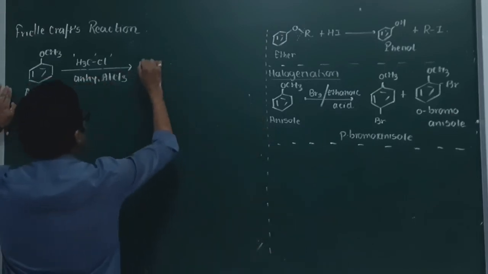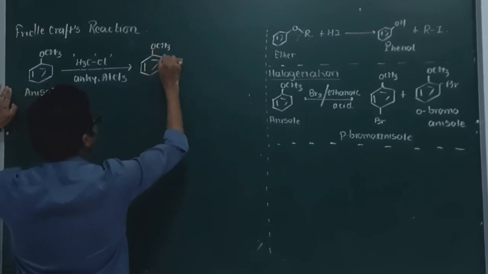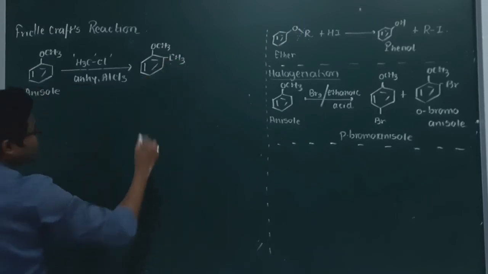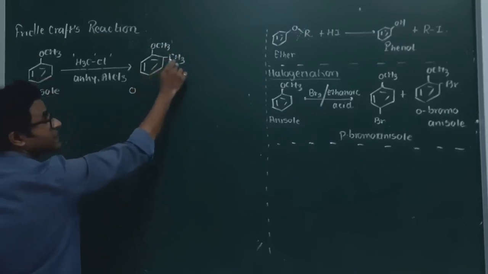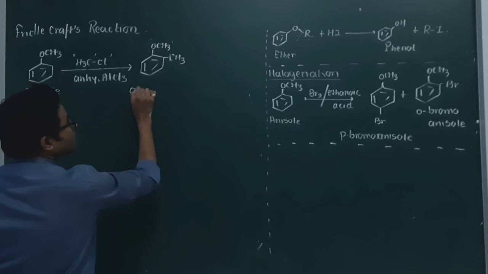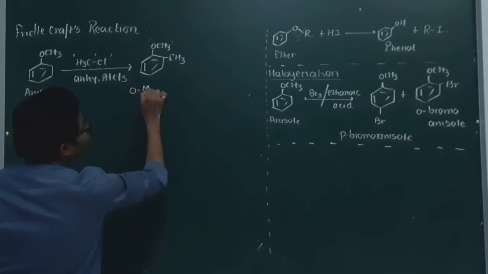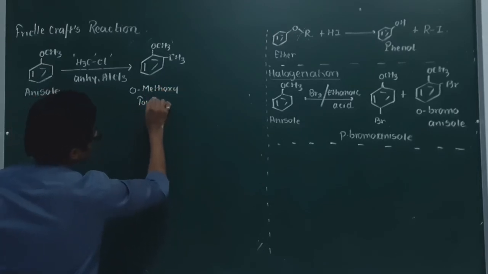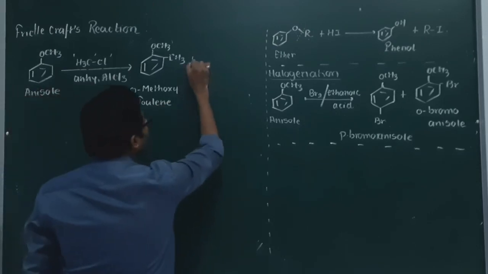Thus, what we have here is OCH3 and CH3 group over here, giving rise to ortho methoxy toluene. This is the minor product.